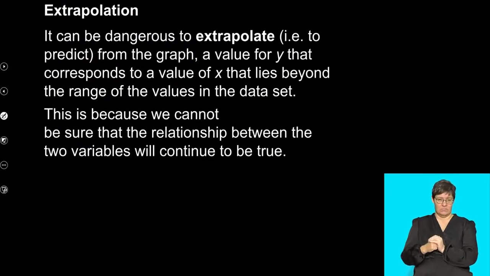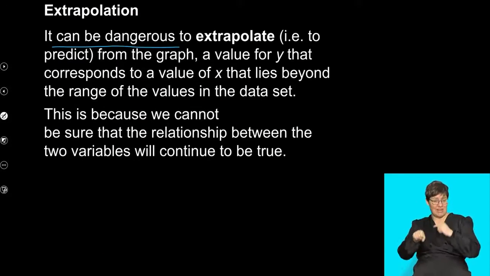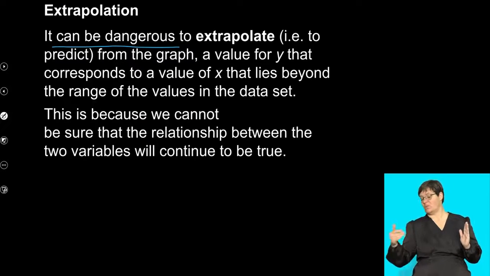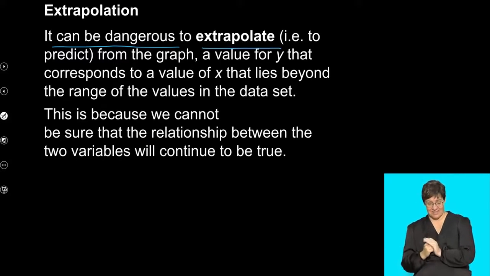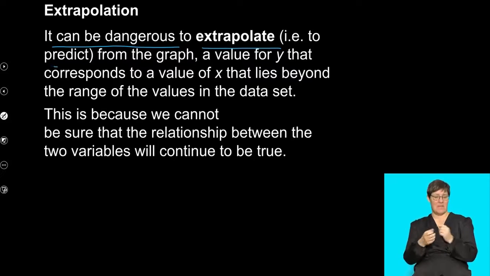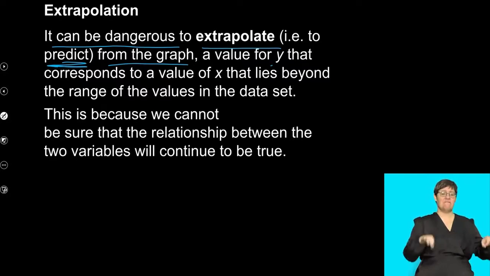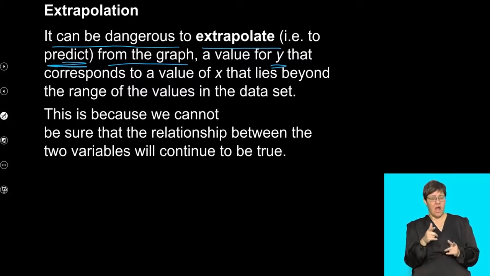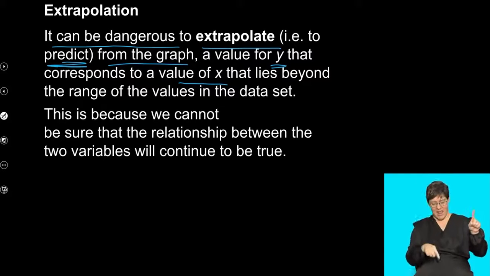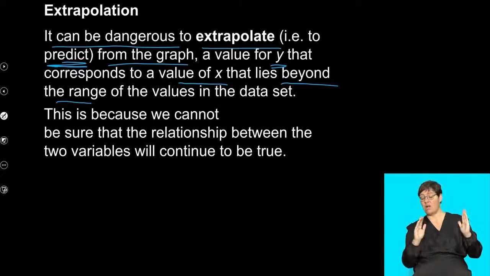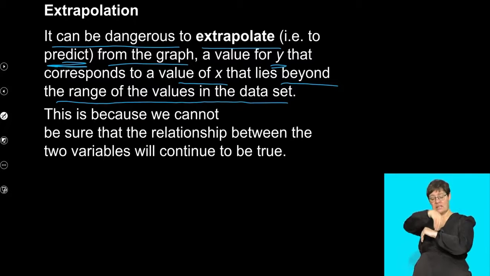So let's look at extrapolation. It can be dangerous, or the forecast, the prediction, can be not accurate, when you extrapolate. To predict, or forecast, from the graph, the value of y that corresponds to a value of x that lies beyond the range of the values in the data set.